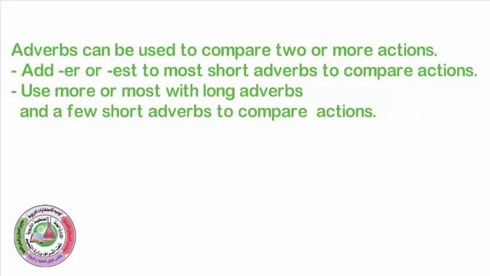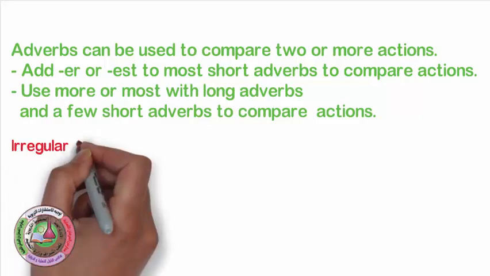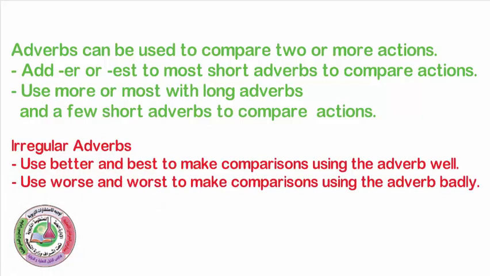We add er or est to most short adverbs to compare actions, or we use more and most with longer adverbs, and a few short ones, right? Then there are irregular adverbs, like better and best.